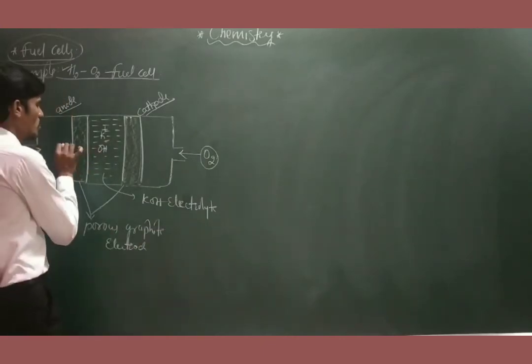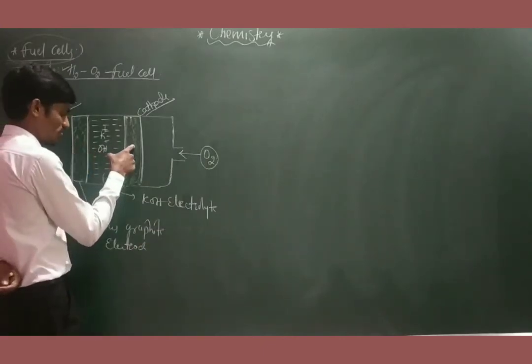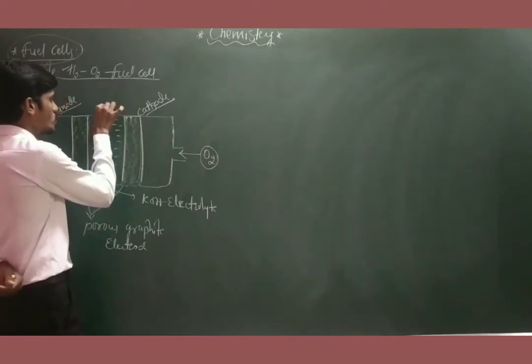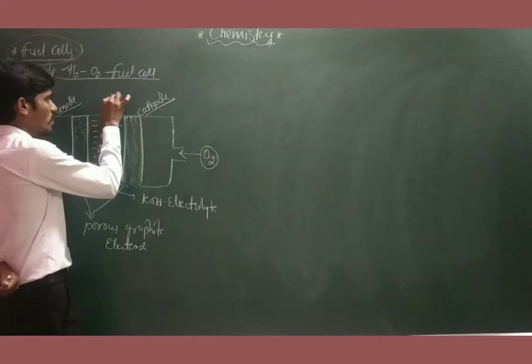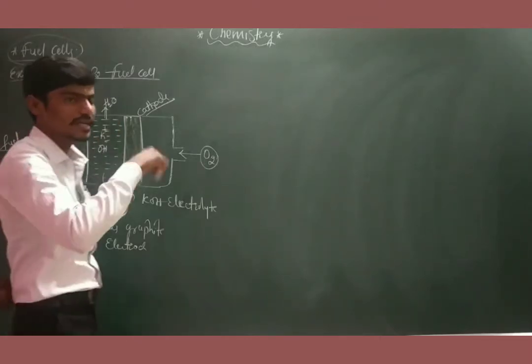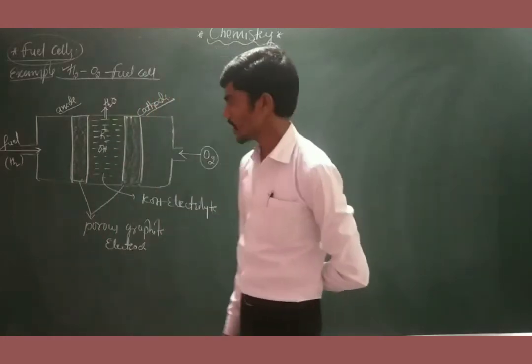And these two pass through the porous graphite electrodes in the presence of KOH. This gives rise to the production of water. Plus, during this, the energy liberated is converted into electrical energy.